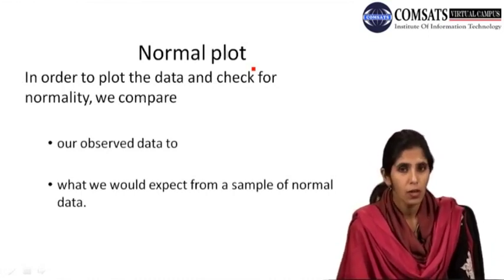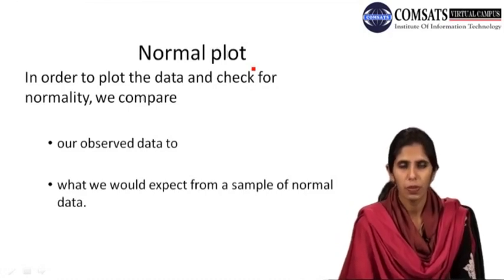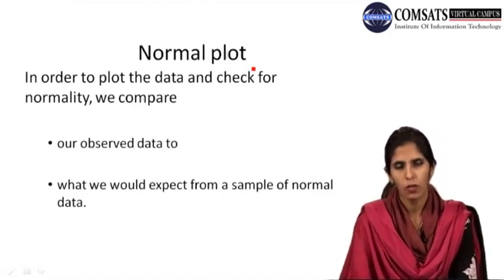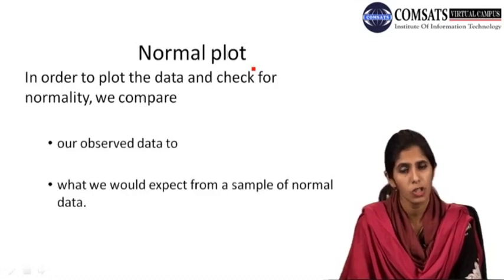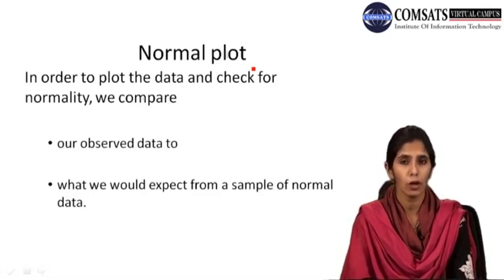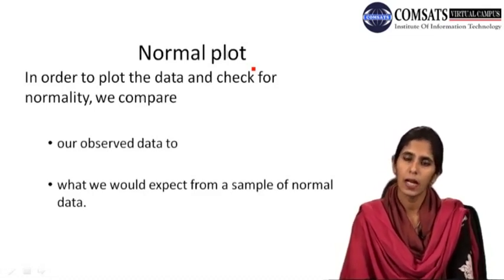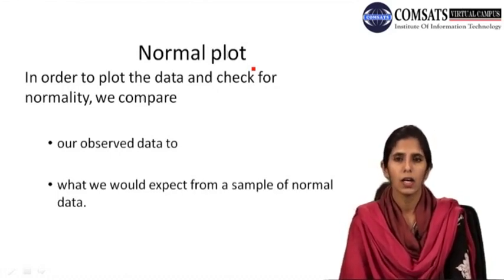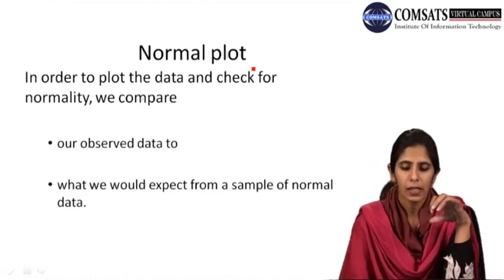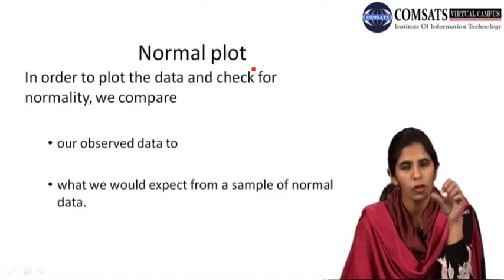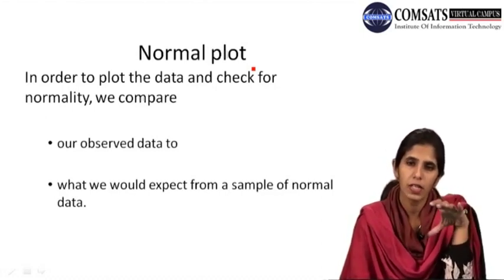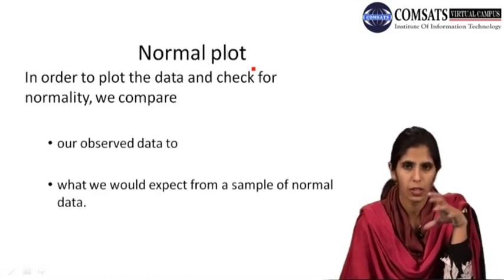One is our observed data with what we expect from the sample of the normal data. तो जब भी हमने नॉर्मेलिटी चेक करनी होती है तो उस केस में हमारे पास एक स्टैंडर्ड फॉर्मेशन होनी चाहिए, और वो स्टैंडर्ड फॉर्मेशन हमारे पास उस वक्त आएगी जब हमारी पॉपुलेशन हमें एक नॉर्मल सेट ऑफ डेटा प्रोवाइड कर रही है। उस केस में जो नॉर्मल कर्व हमारे पास ऑलरेडी गिवन है उसको हम प्लॉटेड कर्व के साथ मैच करेंगे। उस कर्व का अगर मीन और वेरिएंस सिमिलर है तो उस केस में दोनों कर्व्स की जो डायरेक्शन है वो पैरेलल एग्जिस्ट करेगी। अगर वो पैरेलल है तो इसका मतलब ये है कि जो डेरिवेशन है हमारी, जो चेक ऑफ फॉर नॉर्मेलिटी है, दिस इज एक्यूरेट बिकॉज द मीन कंसिडरेशन इन टू प्लॉट्स इज सिमिलर as well as their variances are also similar. That is why the curves are giving the parallel results.